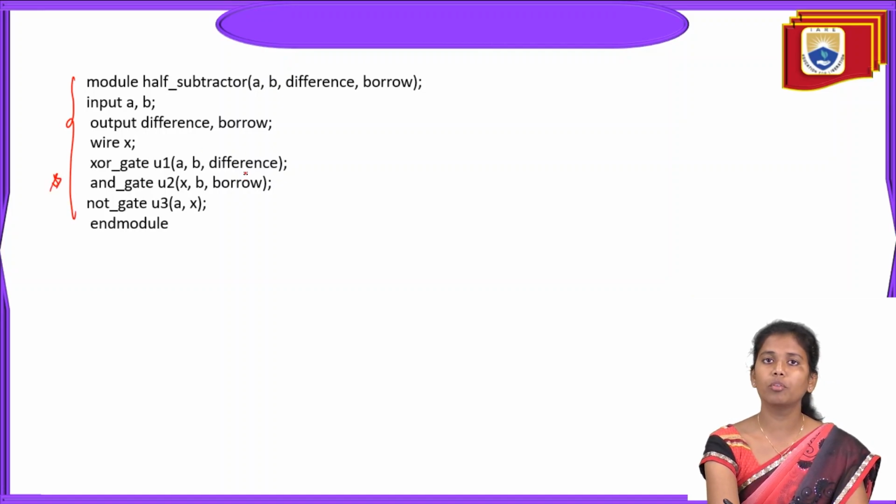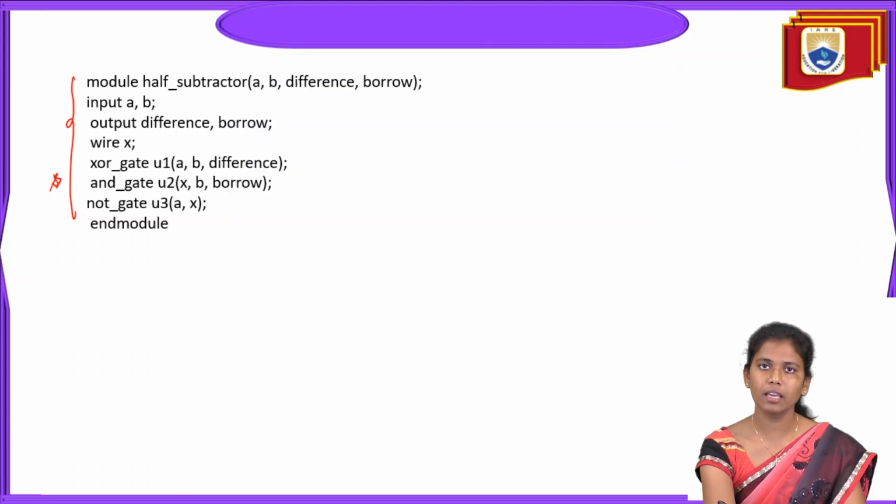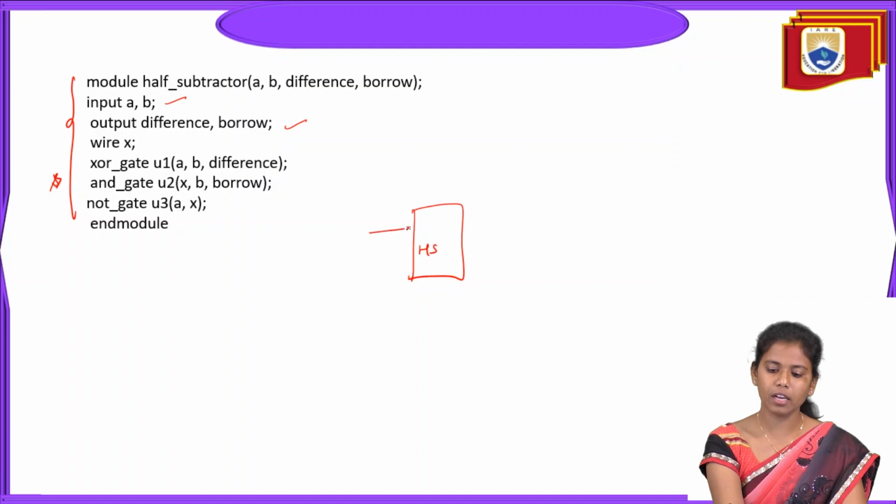Overall, in the port list we are representing the input and output. We are initializing the inputs as A and B, and the outputs as difference and borrow. So if this is a half subtractor, we have inputs A and B, and outputs difference and borrow.